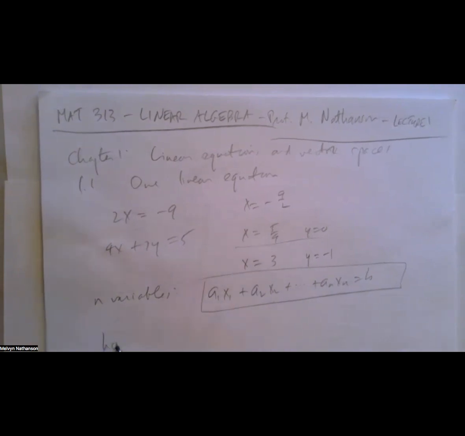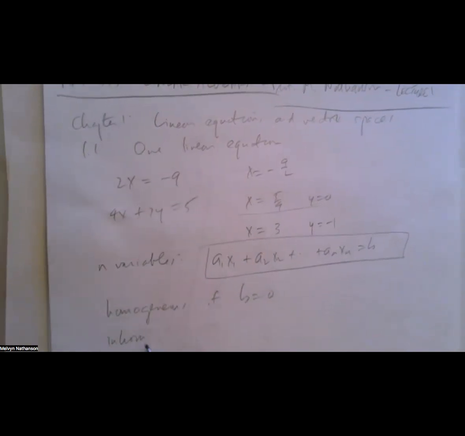And we say this equation is homogeneous if the right-hand side is 0 and inhomogeneous, which means just not homogeneous, if the right-hand side is different from 0. So these are both inhomogeneous equations.